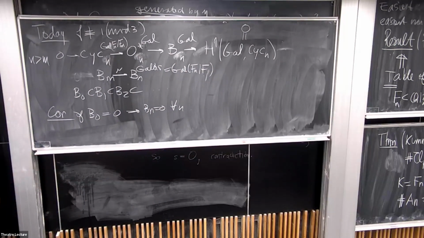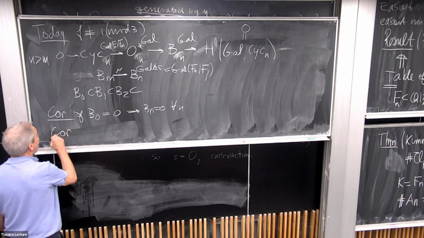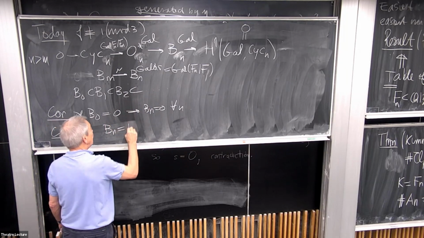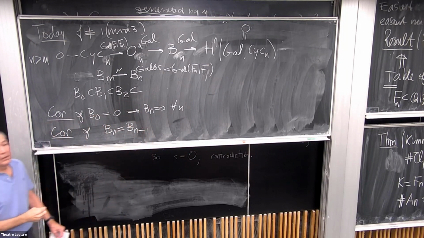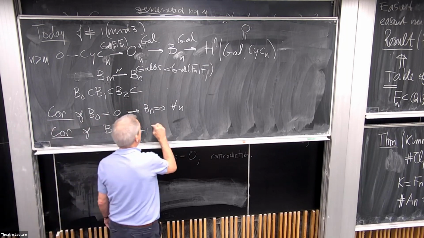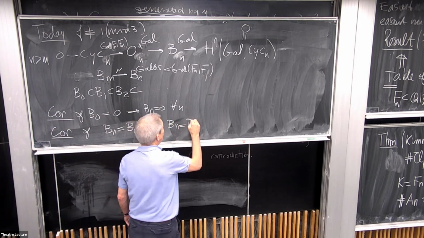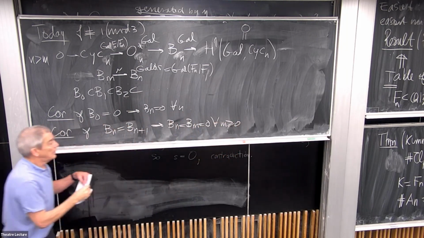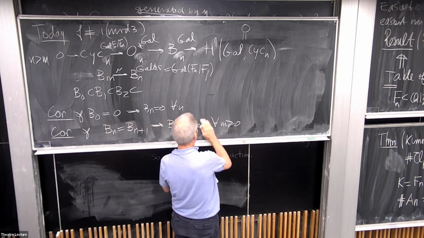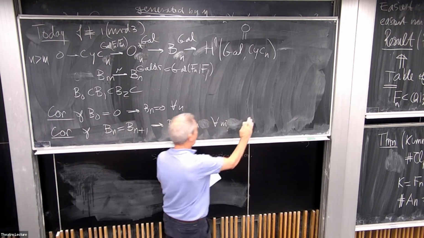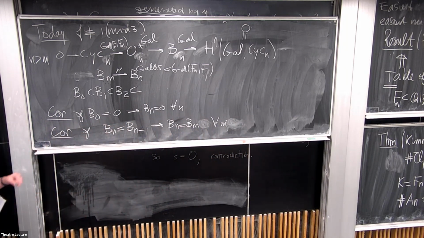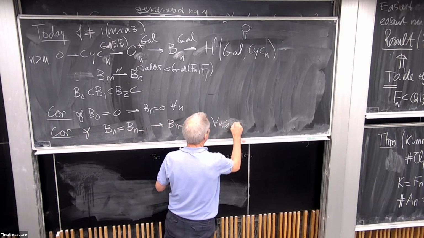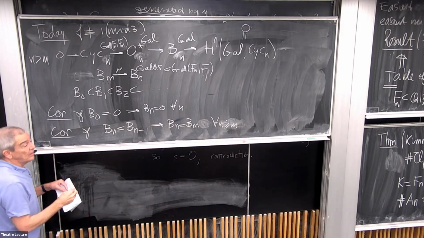And another thing that follows from this very easily is that if you have 2 consecutive Bn's that are equal, then they are all equal, for all m greater than n.